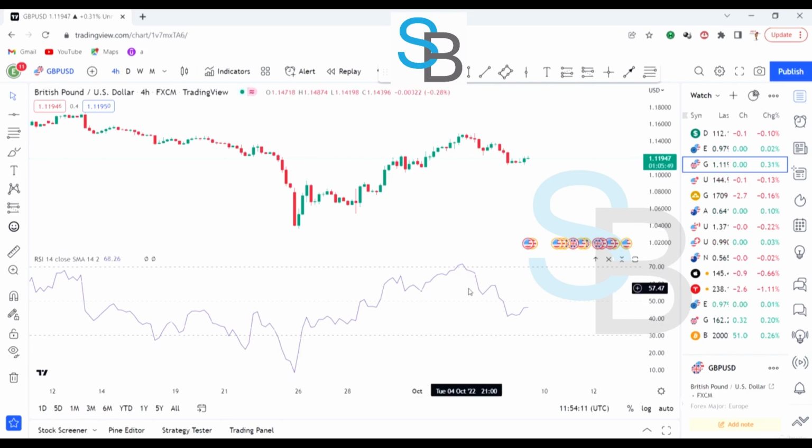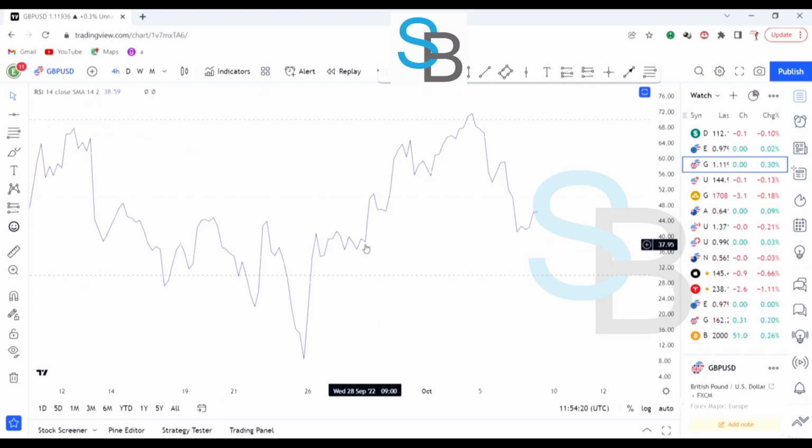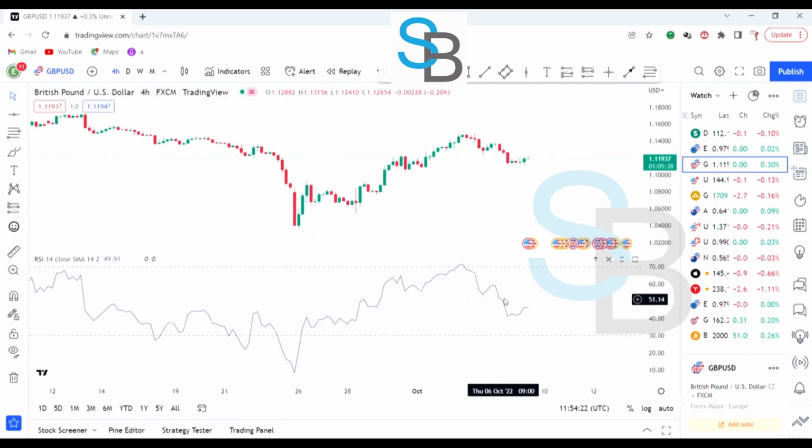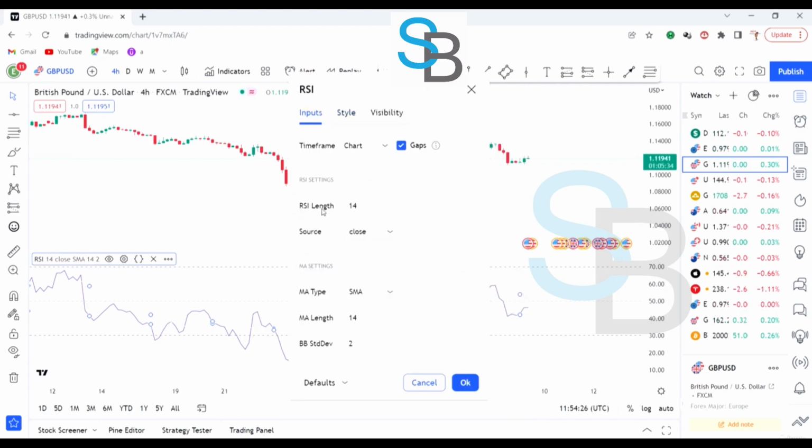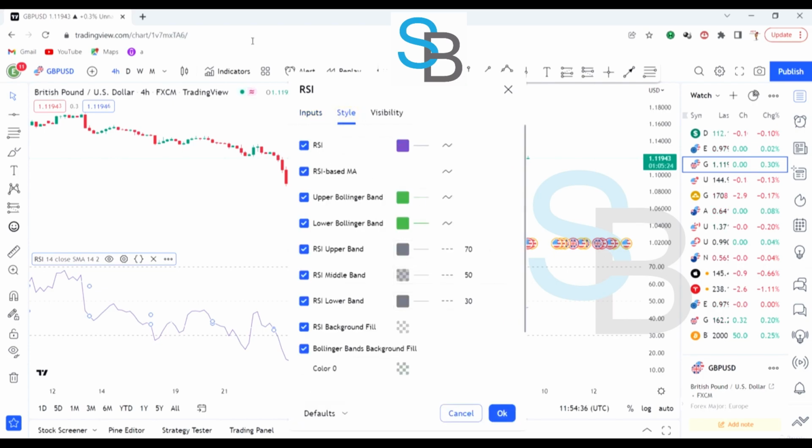So what the RSI does is it measures the momentum of the price, based on the period. Now, when you come to inputs, you see that the RSI length is 14, so it means the RSI period is 14. These are the settings for the moving average, which we just disabled here.